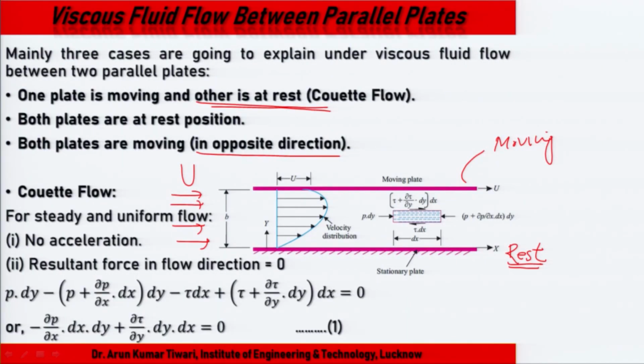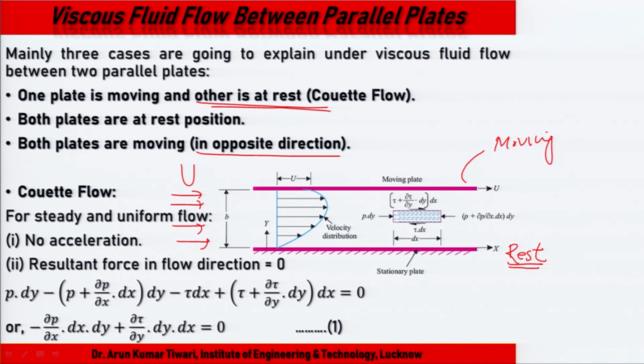So, what are the assumptions? Before deriving any equation, we take some assumptions. The flow is steady and uniform flow. Steady flow means all parameters do not change with respect to time.